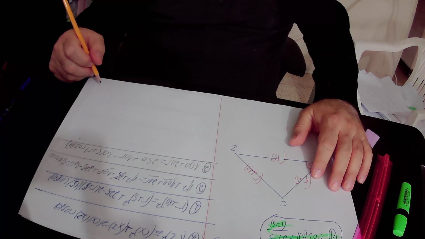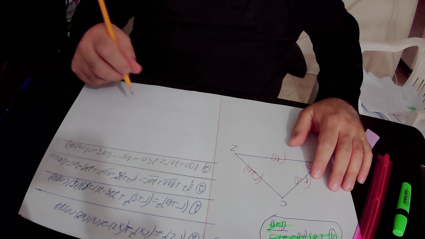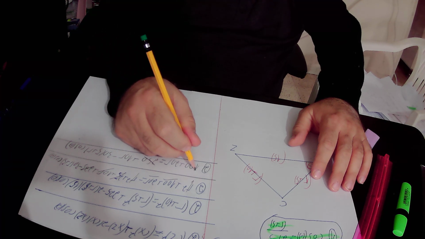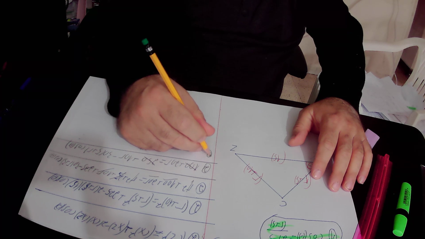Here we will subtract 250 from equation number 2, and we will get that 100 minus 250 is equal to minus 150.